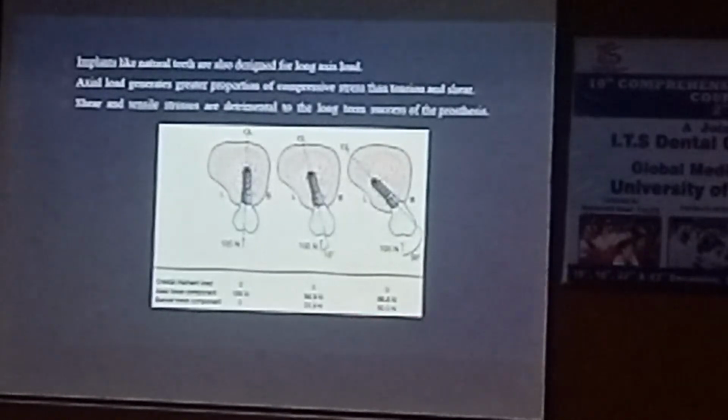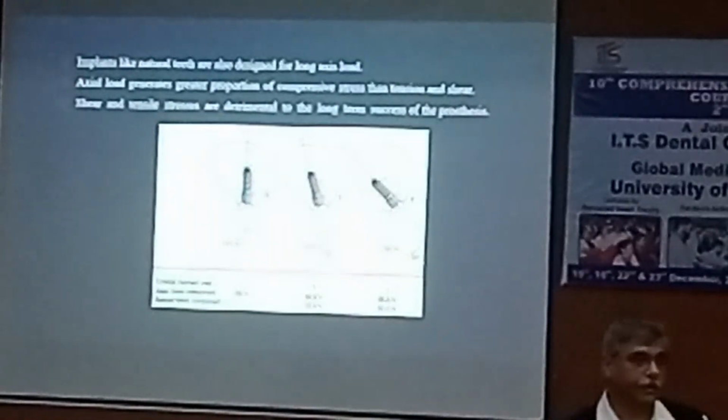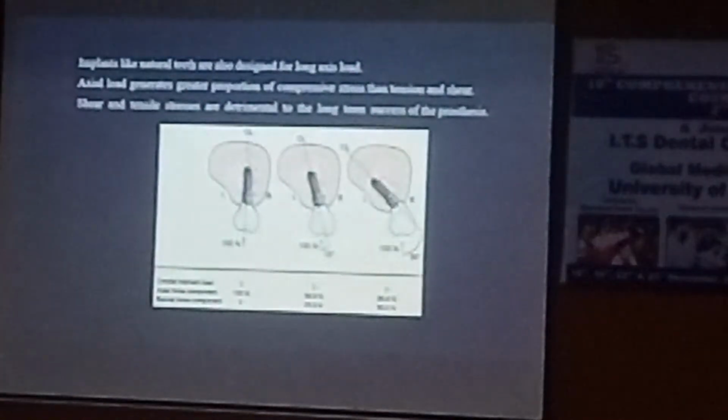Correct? So whenever you place an angulated implant, we normally place it only in a few conditions, only to achieve good aesthetics. We have to do it sometimes, to make proper, better aesthetics. We do it. But remember, nothing is free. There is a cost. The hidden cost is that the horizontal force is increasing, which can cause failure.